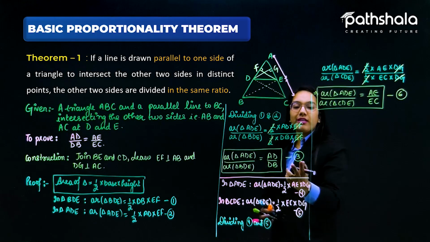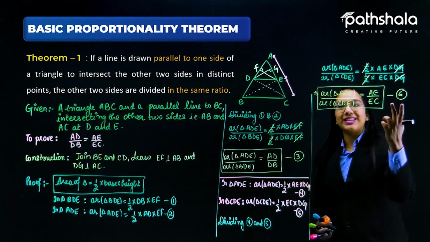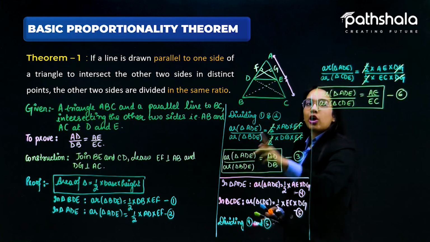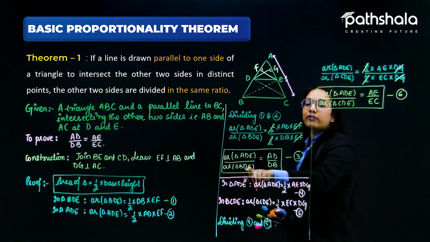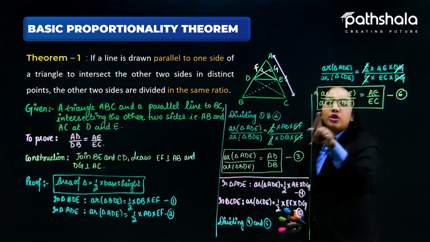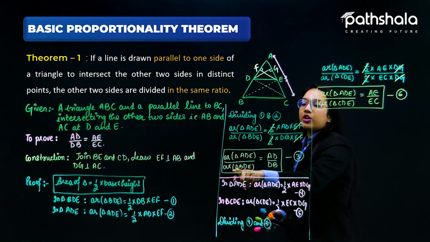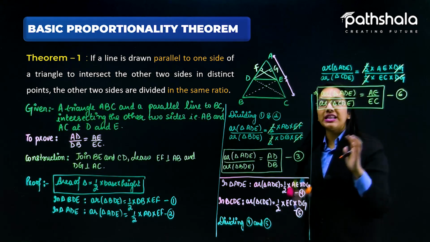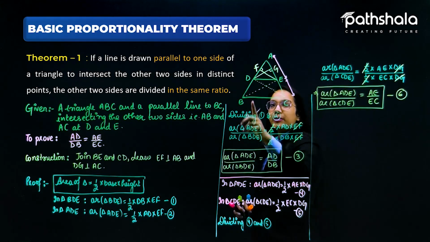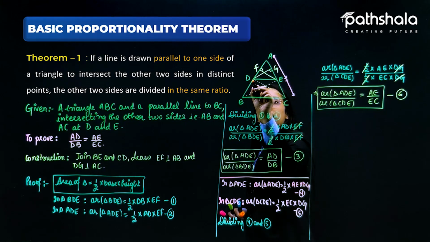Now if I compare equation number 3 and equation number 6, I can see that we have area of triangle ADE, we have area of triangle ADE, but the denominators of these two are different from each other. The denominator, as you can see, is area of triangle BDE, and over here it is area of triangle CDE. So let's see these two triangles. BDE is this triangle. Let me shade this portion.